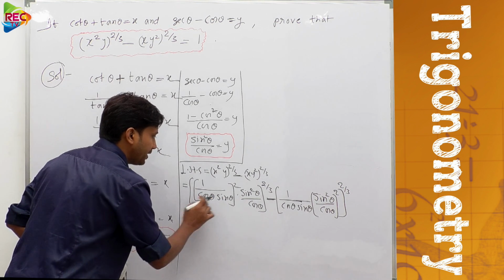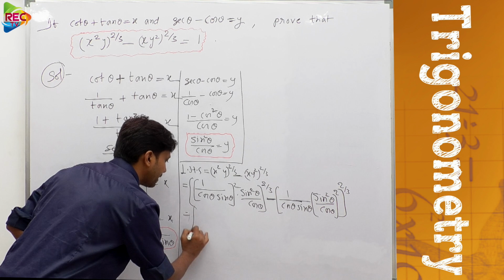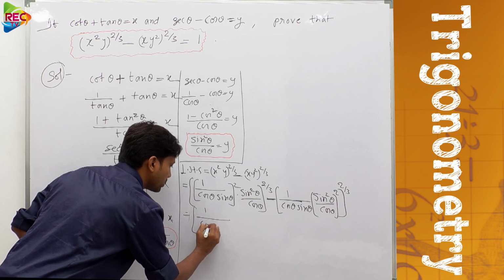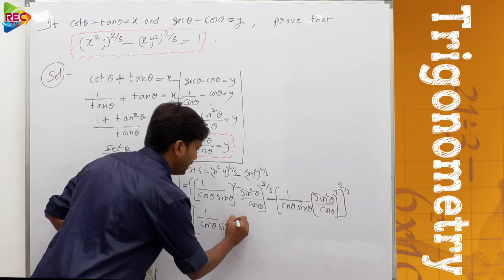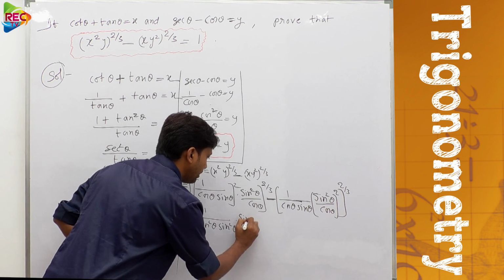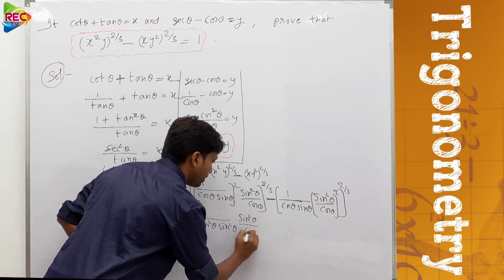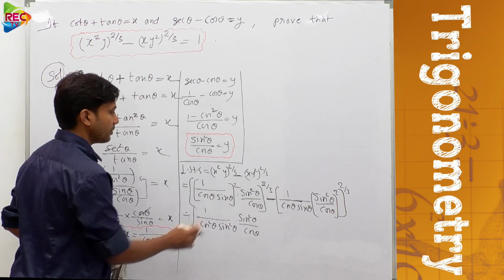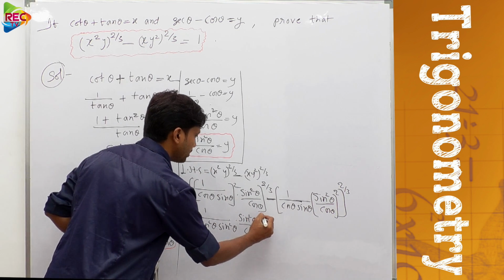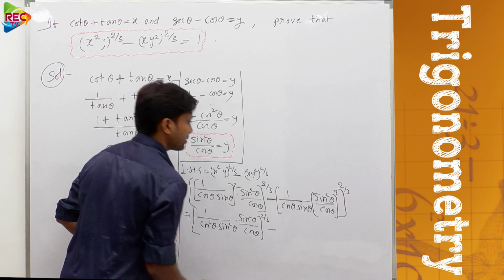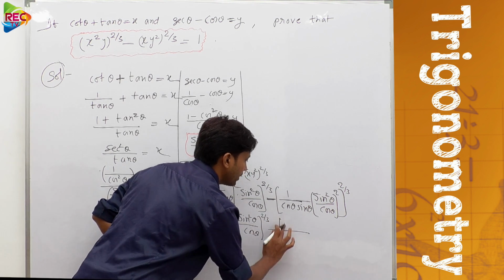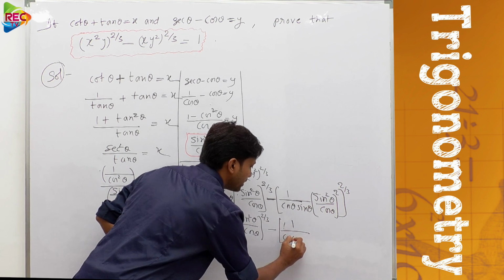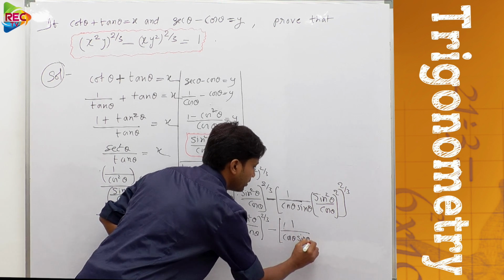This square can be applied to each and every term. So here we can write 1 by cos square theta sin square theta into sin square theta by cos theta, whole to the power of how much? 2 by 3, minus. Here again 1 by cos theta sin theta.